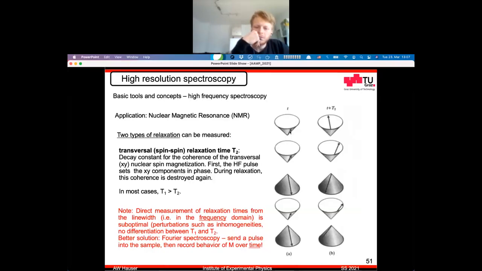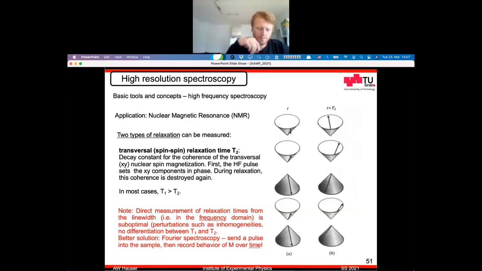Now, after this turn, you have conserved a certain amount of magnetization with a preferred direction along where you flipped it to.